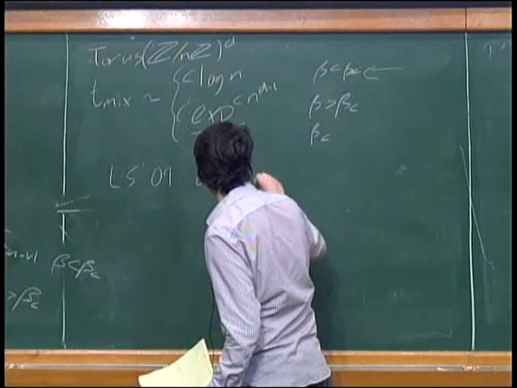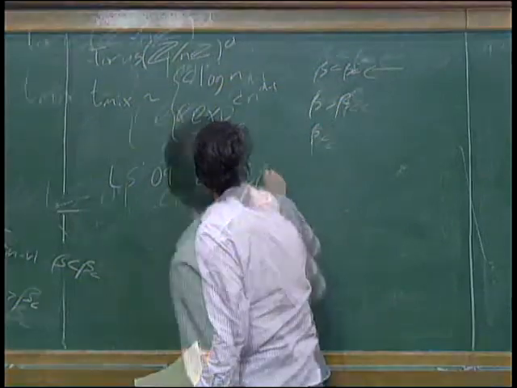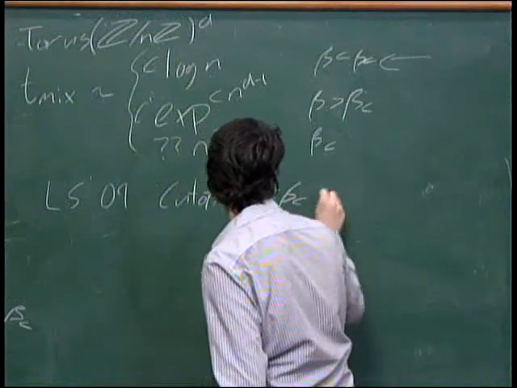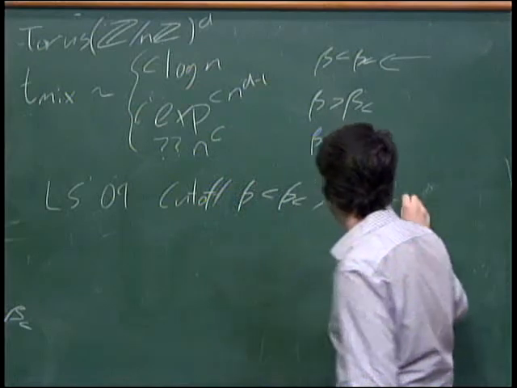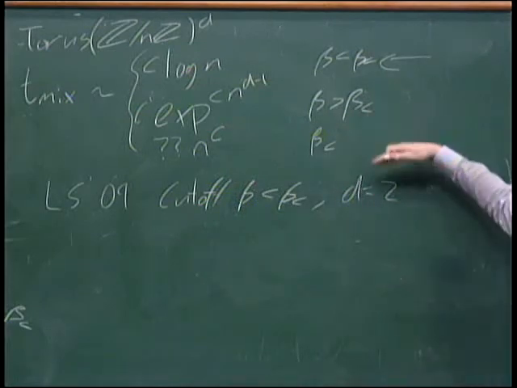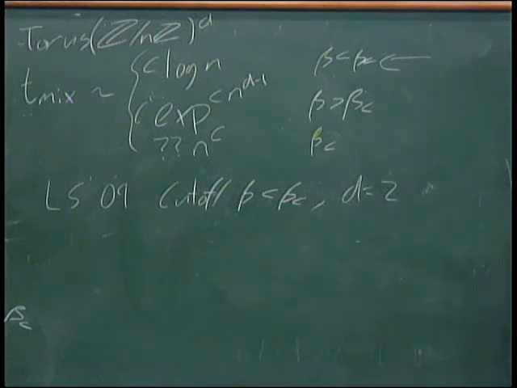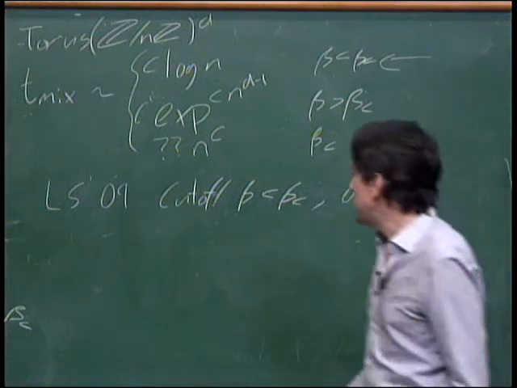Cutoff when beta is less than beta c, and d equals 2. We wouldn't expect cutoff in either the critical or the high temperature regimes, I think.